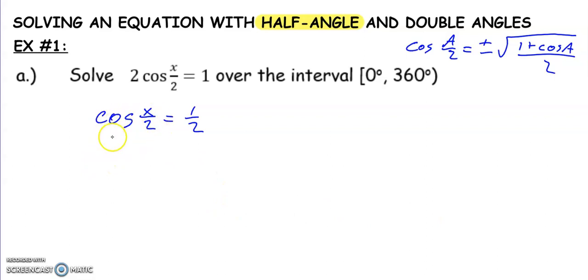So what I'm going to do is take out this cosine of half x and put in the half angle identity. So let's take out the cosine half x. Let's do plus or minus the square root of 1 plus cosine x over 2, and that will equal 1/2.